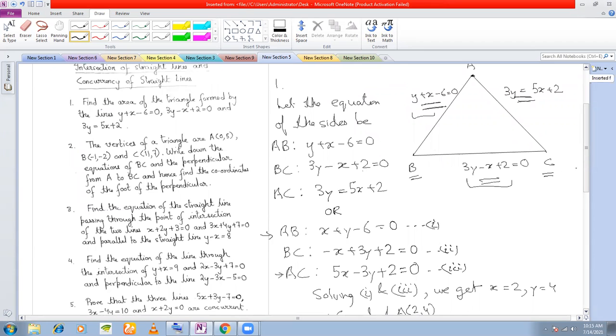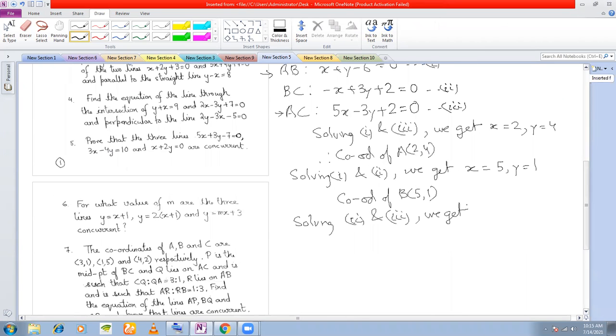So we'll get the coordinates of C. We get x is equal to -1 and y is equal to -1. So the coordinates of C are -1, -1. Okay, so we have got the coordinates of A, B, and C.